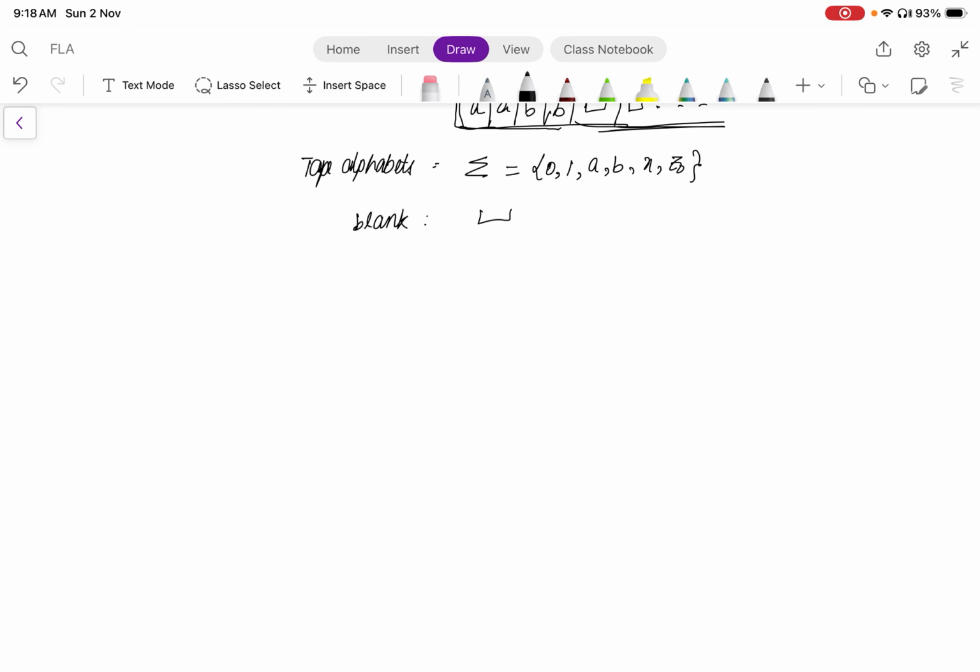It can be represented using a special symbol or capital B. When you use B, it will get confused with the terminal symbols, a and small b. That is why most of the time we use the blank symbol. This blank symbol is not your input. It is just a special character and does not belong to your input.